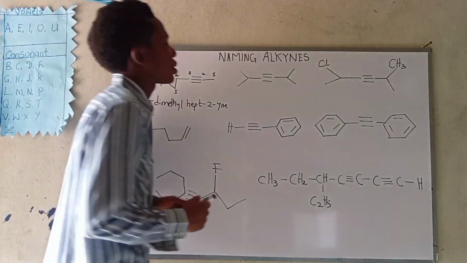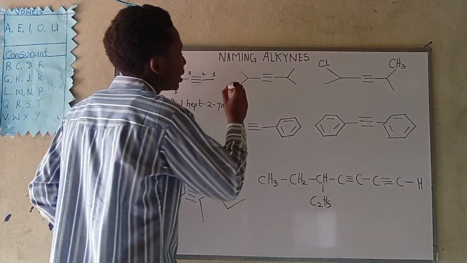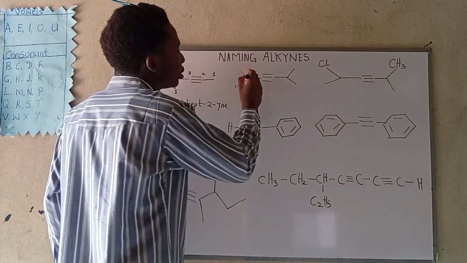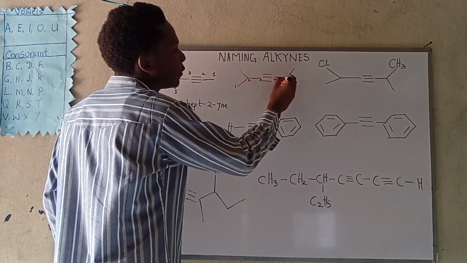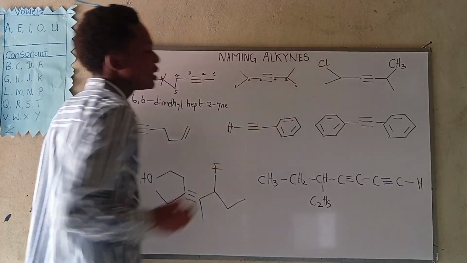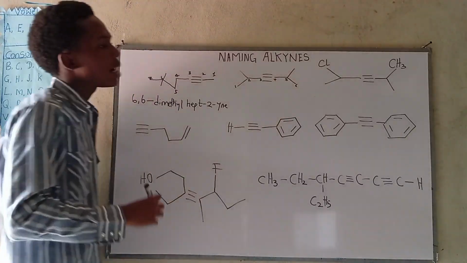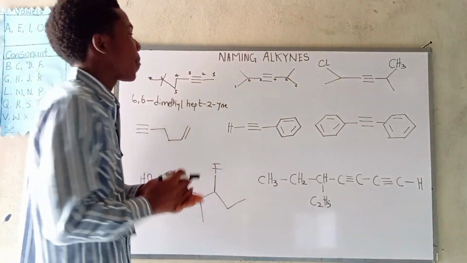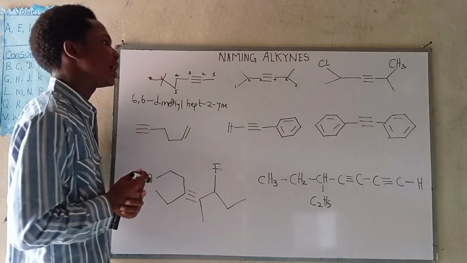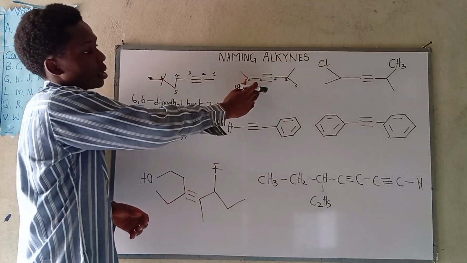So let's just count from anywhere. I think we should start from here. So we'll say 1, this is the first carbon, 2nd carbon, 3rd carbon, 4th carbon, 5th carbon, and finally the 6th carbon. So on that note, we know it is hex. Alright, so the position of the triple bond here is now 3, obviously.